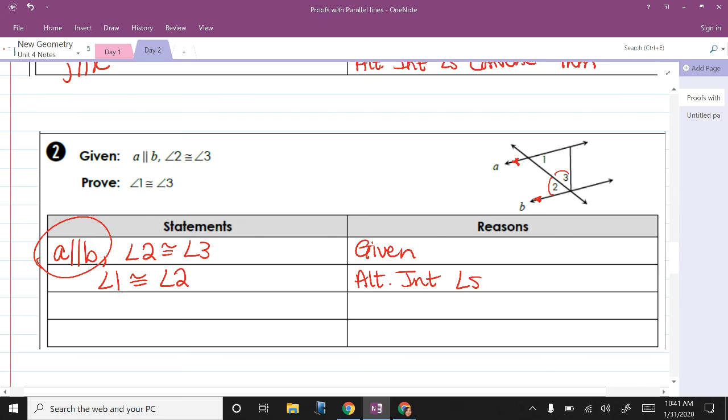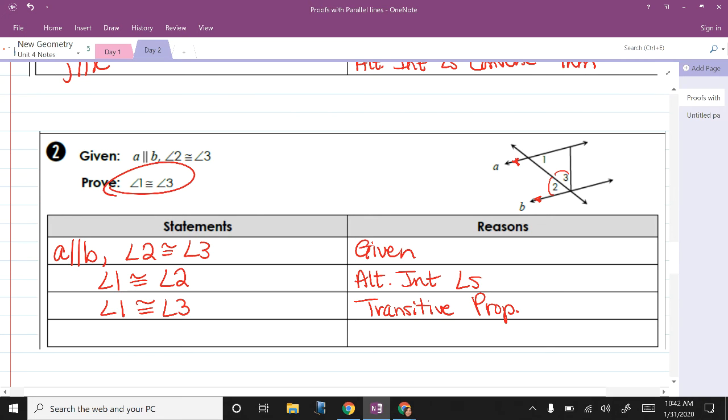Okay, now look at what I can do. What can I say now? They're both congruent to angle 2, so angle 1 and angle 3 must be congruent to each other, right? Because of what property? Transitive property. Is that what I was trying to prove? Yeah.